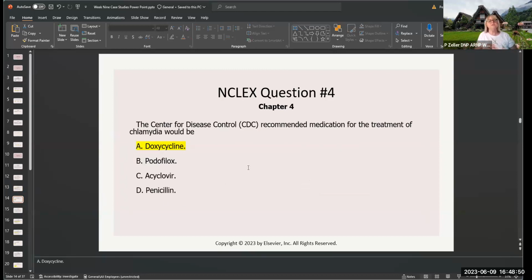So the CDC now has changed its medication regimen for PID. Or I'm sorry, for chlamydia. We used to treat chlamydia with azithromycin, but now we have to use a broader spectrum antibiotic, and that's doxycycline, because chlamydia is resistant now to azithromycin.